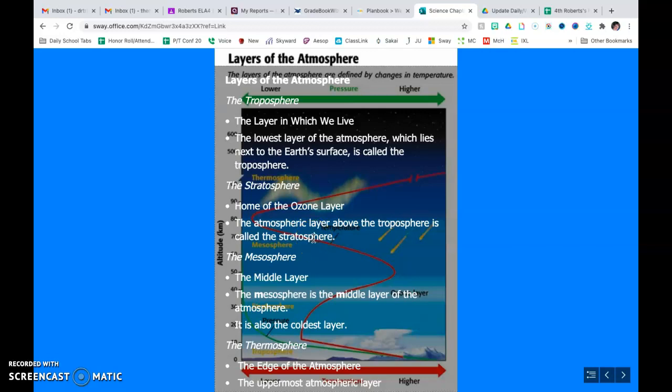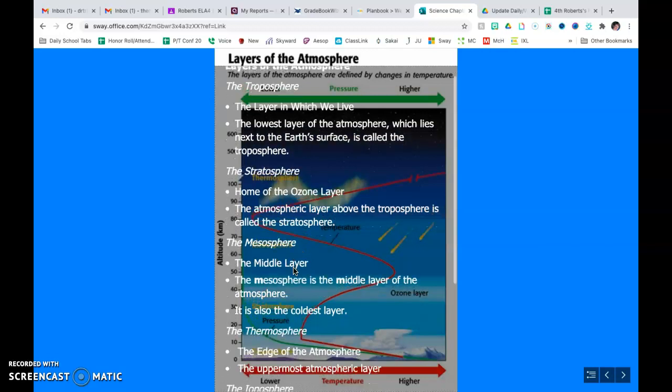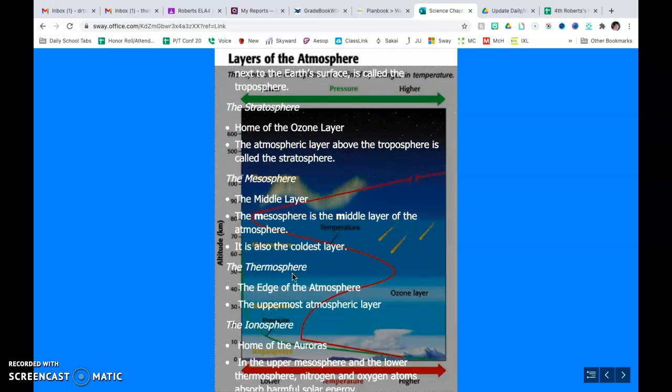In the middle, we have the mesosphere, the middle layer. It is also the coldest layer of the atmosphere. So it alternates from cold to hot to cold to hot to cold to hot, goes back and forth. But the mesosphere is the coldest. So troposphere, stratosphere, mesosphere.